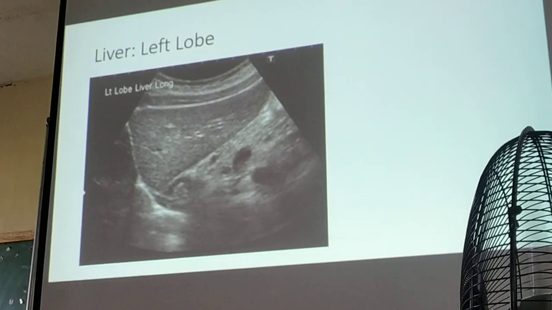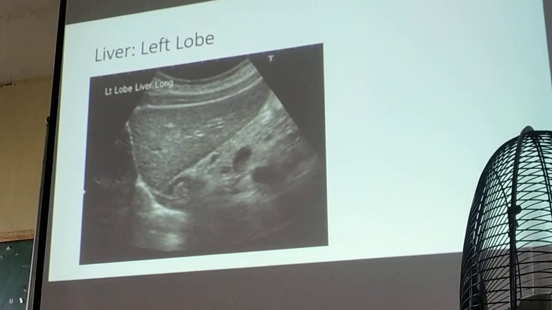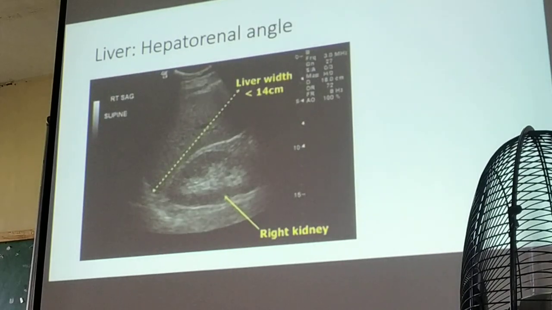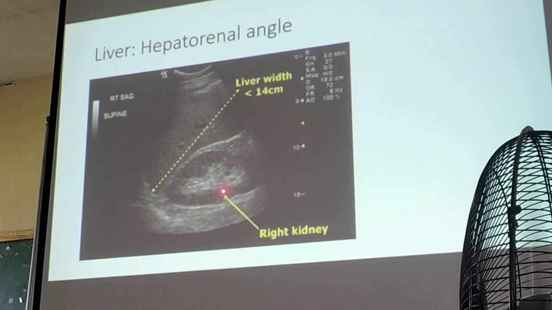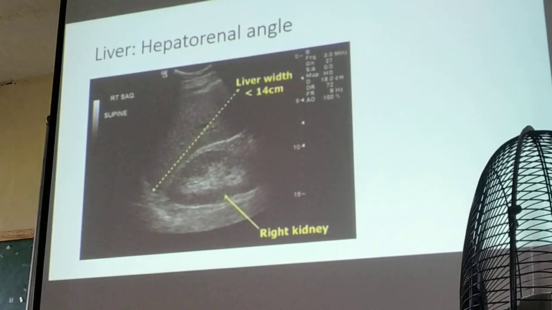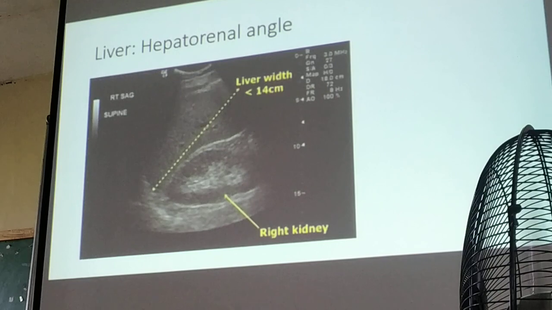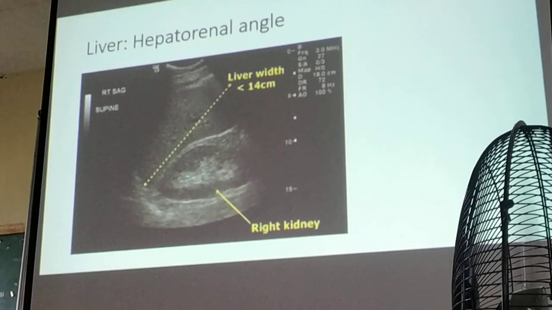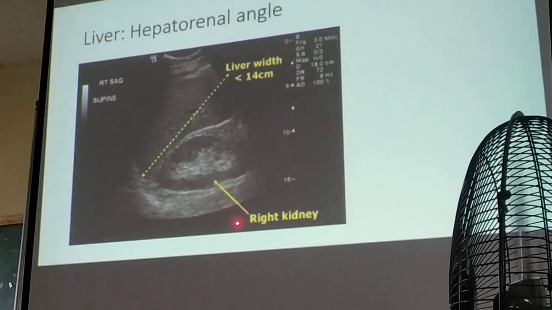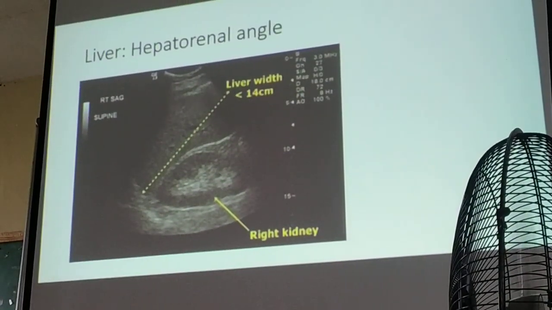And then the other would be the pericardium. Okay, so this is a very important landmark, the hepato and the renal. So this is the hepatorenal angle. So you would only label this as hepatorenal if you could demonstrate your right kidney. Definitely the kidney that is below your liver should be the right kidney.